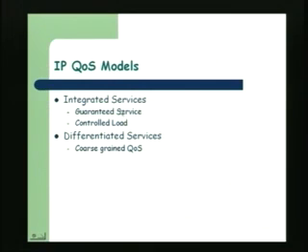We have had extensive discussions on this: there are two major models. One is integrated services, and another one is differentiated services. The integrated services model also is of two types: one provides the guaranteed service, and another one is the controlled load service.